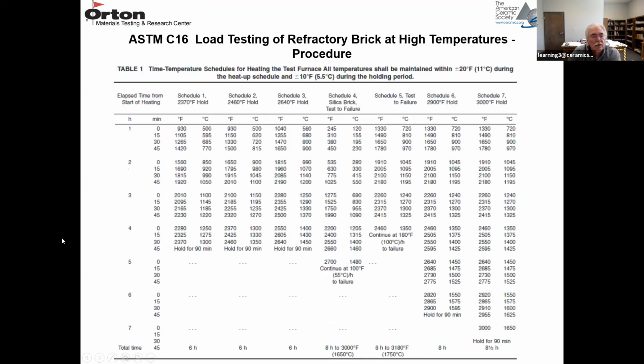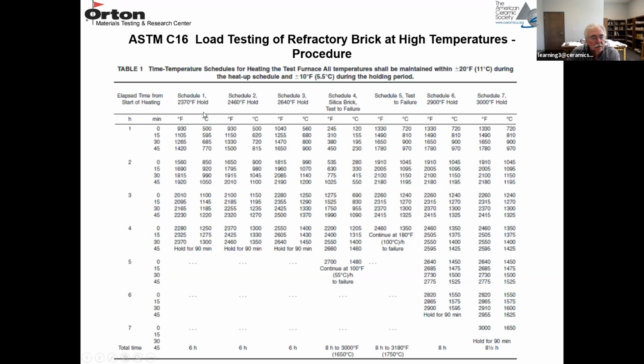So this is a table from the ASTM test showing various schedules for running different types of refractories. This column is hours and minutes, so elapsed time from when you start heating, and these are the temperatures that you should reach at these time frames. There's a 1.5-hour hold, or a 90-minute hold, on most of these.